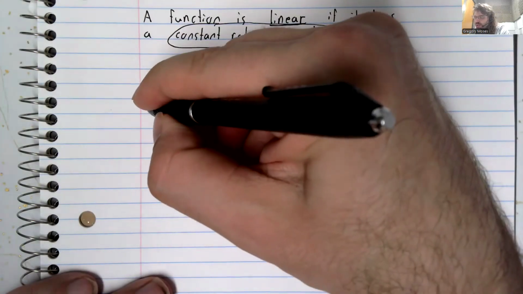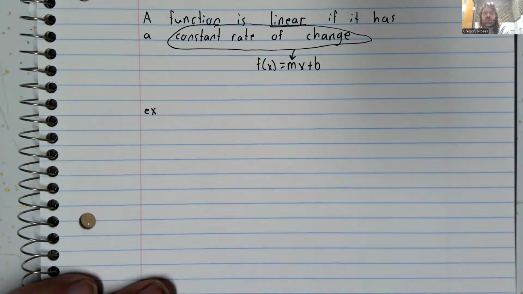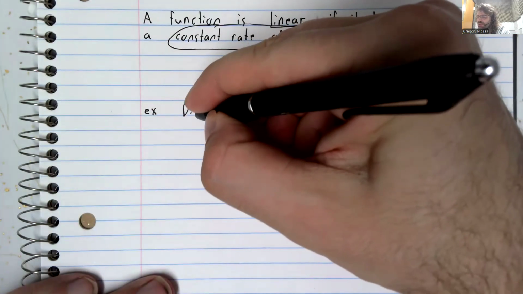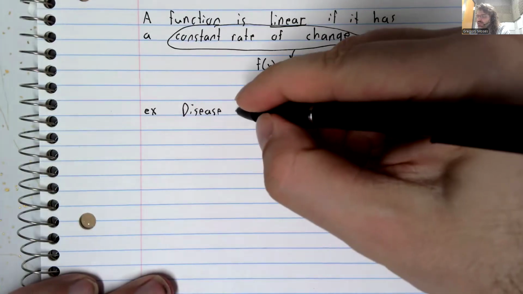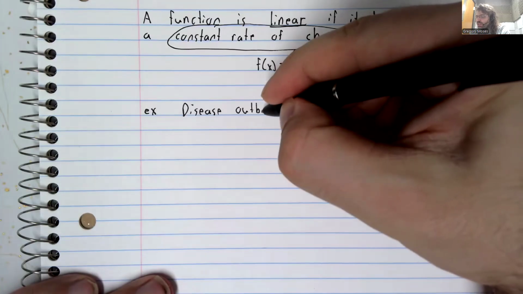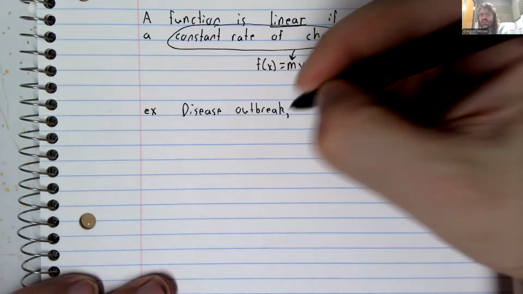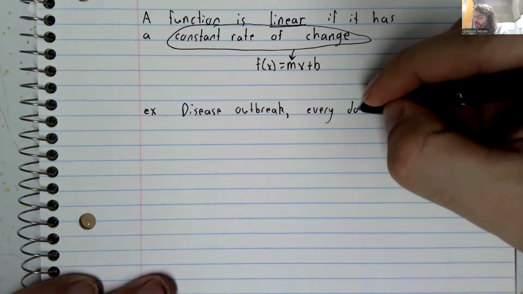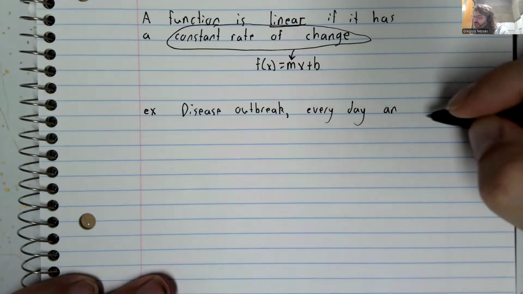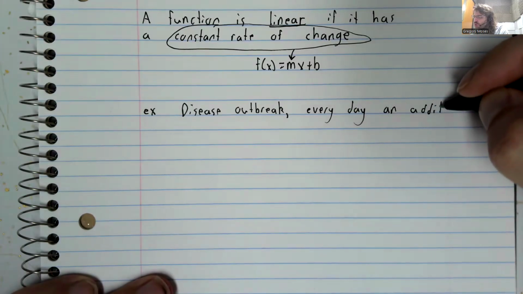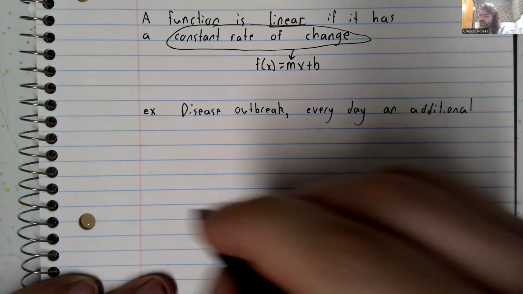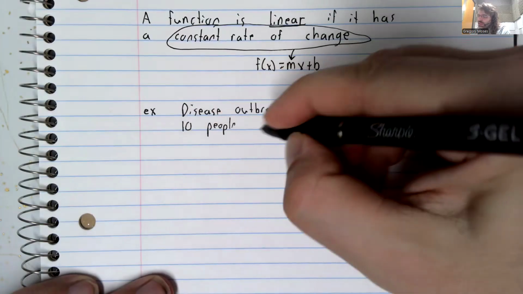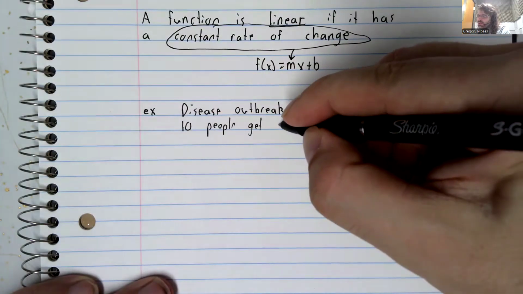So, for example, let's say there's a disease outbreak and every day an additional 10 people get sick.